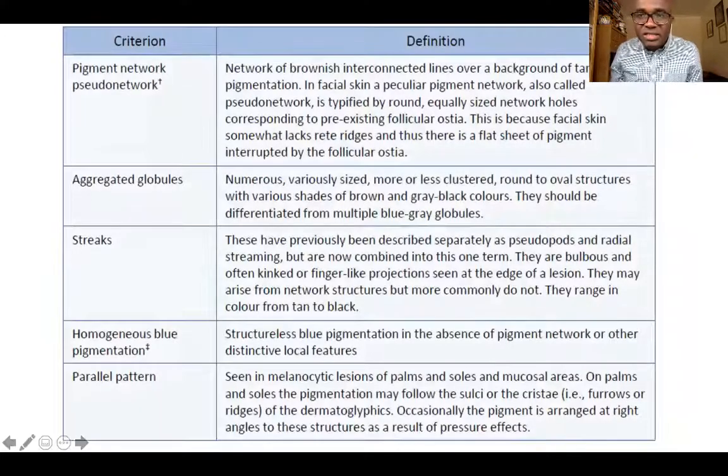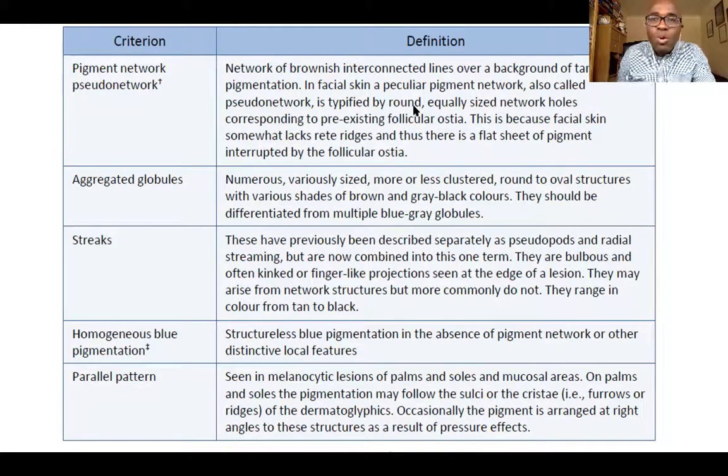So this is a bit of a descriptive area of terms. When we talk about pseudo network or pigmented network, the network is of brownish interconnected lines over the background of a tan diffuse pigmentation. The reason why we use that is that one of the feedbacks on one of my live presentations was about how this would look in Black and ethnic minority skin.